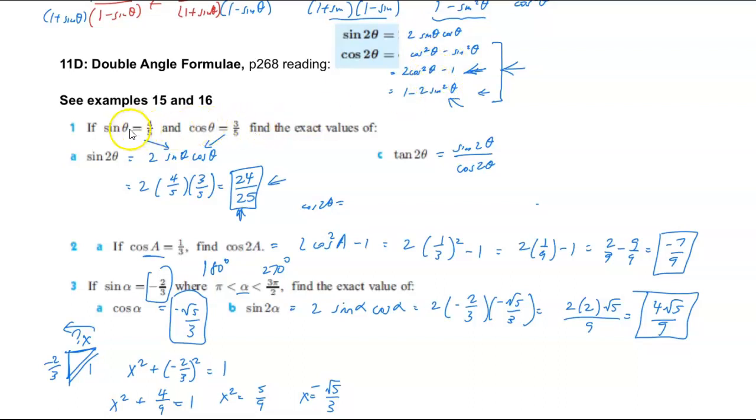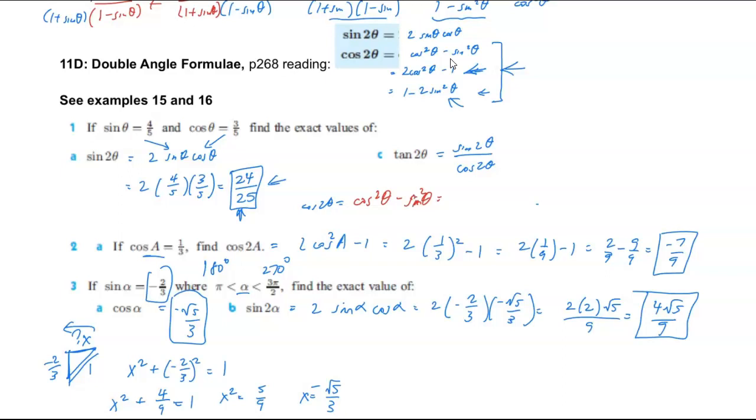You can see that we have both sine theta equals 4/5 and cosine theta equals 3/5. So we could fill in any one of these and it would be fine, right? So let's use cosine squared minus sine squared, just to vary. We very rarely have a chance to use this because it demands that you know both. Whenever you can use this one, you can use either of the other ones, right?